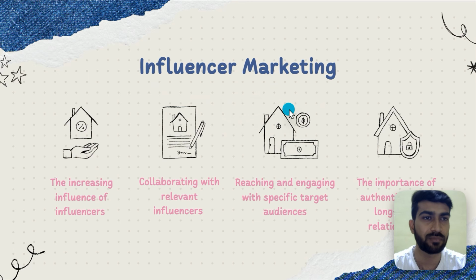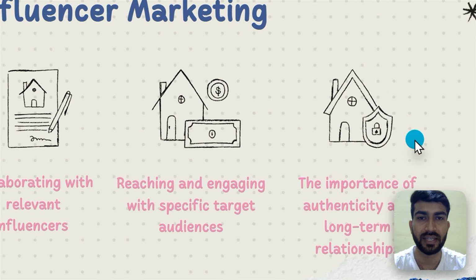There are different types of influencers as well: micro influencer, macro influencer, mega influencer, right? So there are different types, and it depends on how many followers they have on social media, right? Okay, what next?